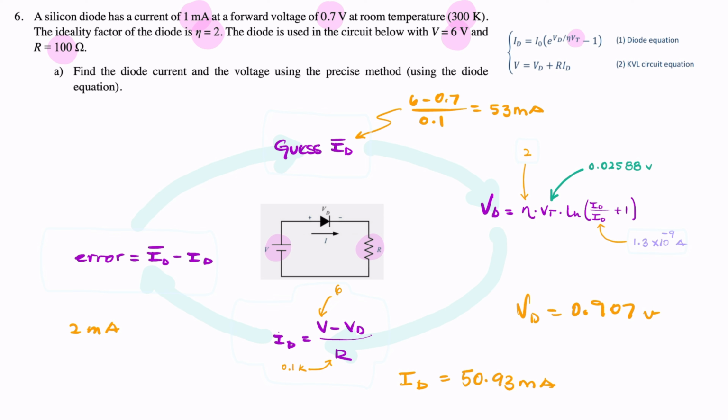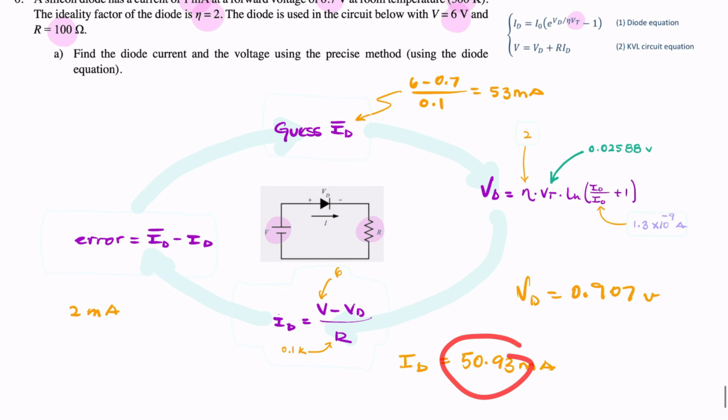We can probably improve our estimate even better. So now our guess can be the 50.93 that we just found. So now instead of 53, we can put 50.9 as our guess. Now, if we put that back into the expression that we just used, we'll get an even better approximation for VD. I'm just putting all the same numbers, but I'm going to replace the 53 with 50.9.